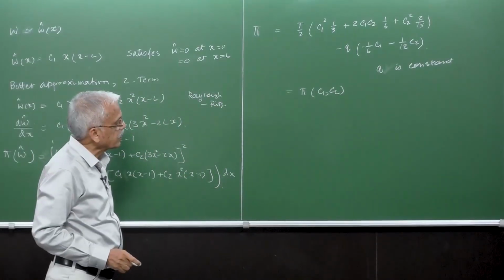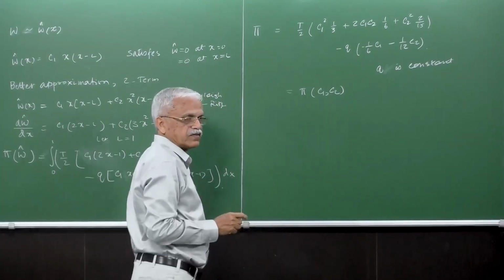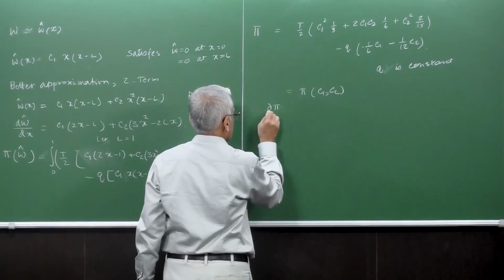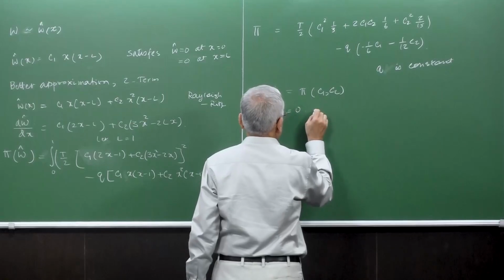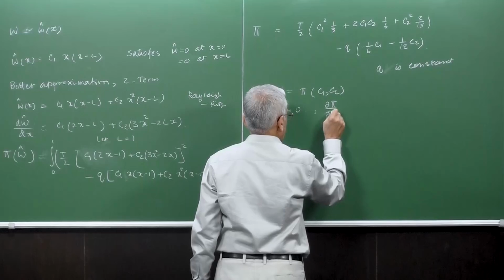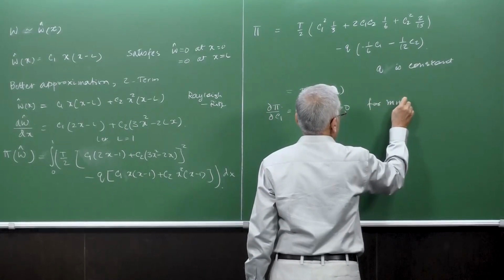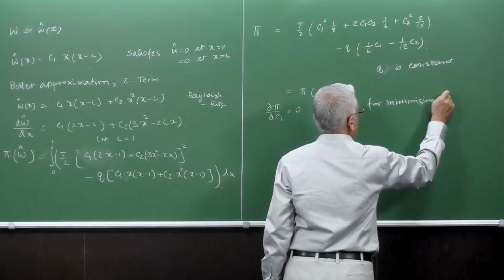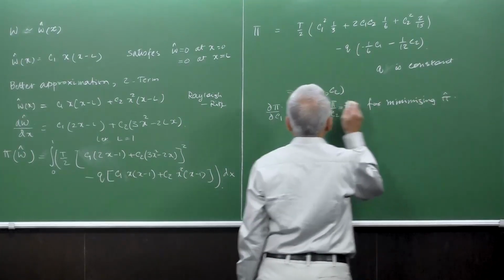So what we need is to minimize this pi with respect to C1 and C2. So we can do this: del pi by del C1 equal to 0, del pi by del C2 equal to 0 for minimizing pi, right? Pi hat at this stage.